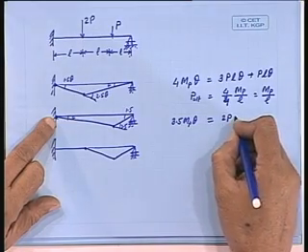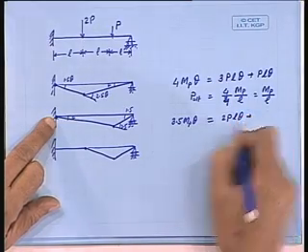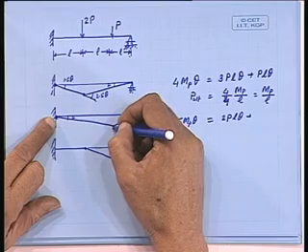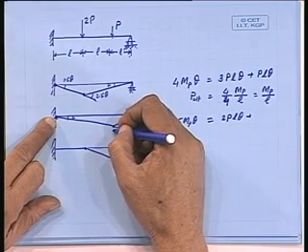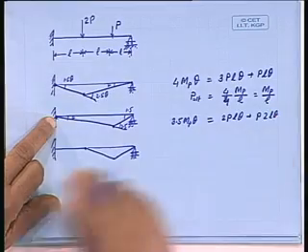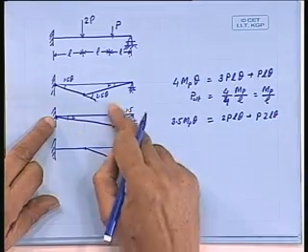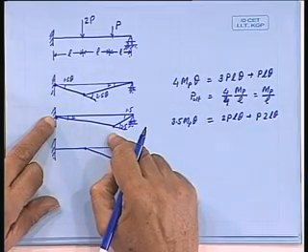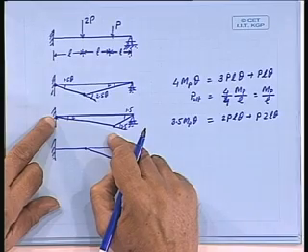So 2P L theta, and plus this point is coming down 2 L theta. Well, we can write from this side.